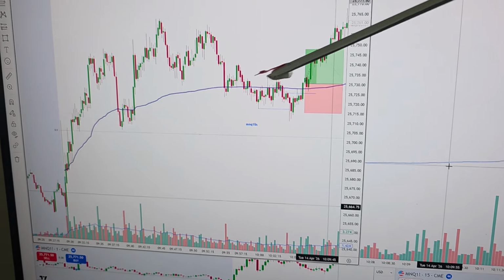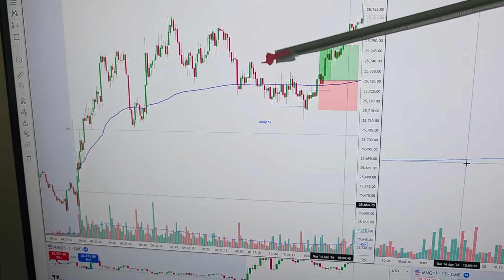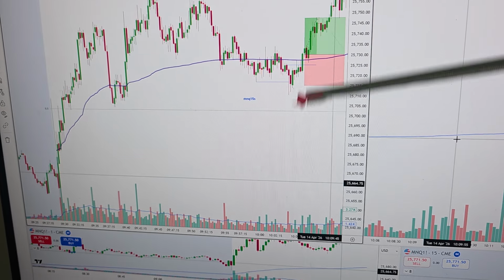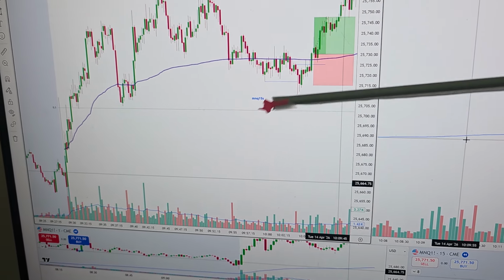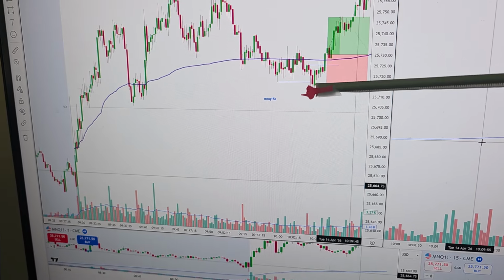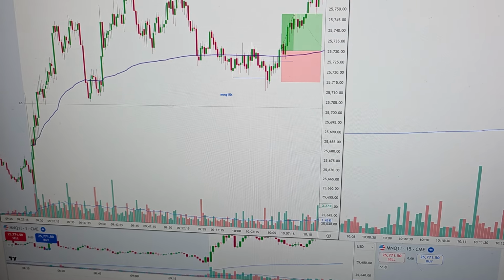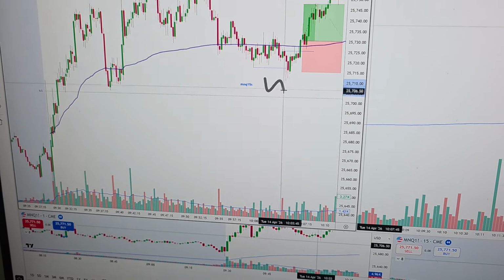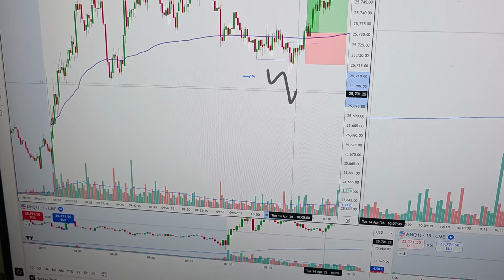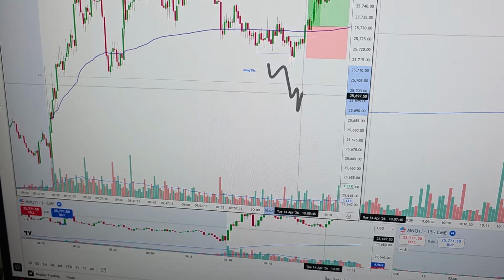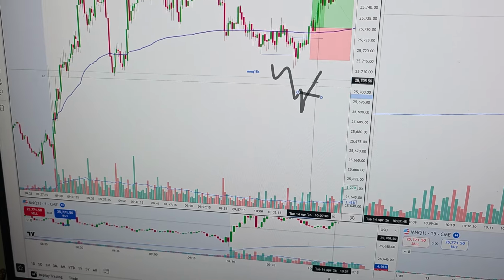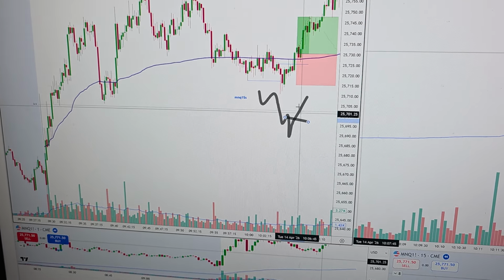What I mean by a staging area push is it pushes into this open area. It would have been more ideal if it had somehow come down to here to engage the 50% and then pushed down and then made the CISD. Then that would have been the A+ setup.